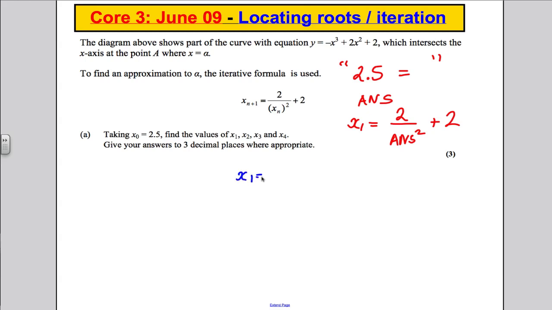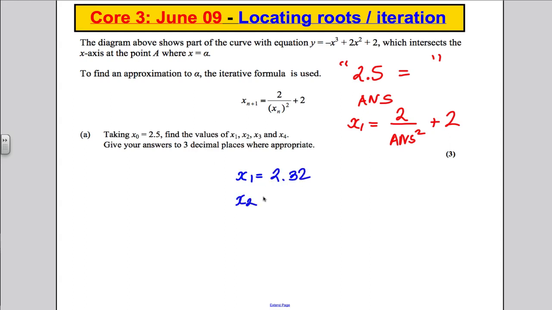So x1 then, doing this, you would get 58 over 25, which is 2.32.